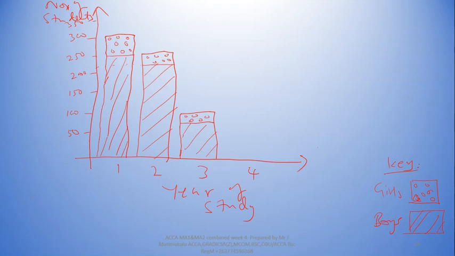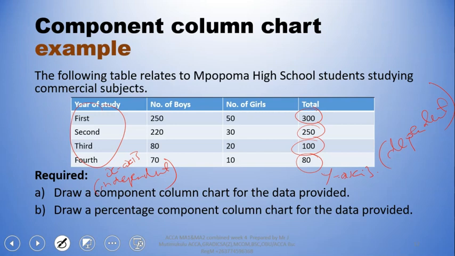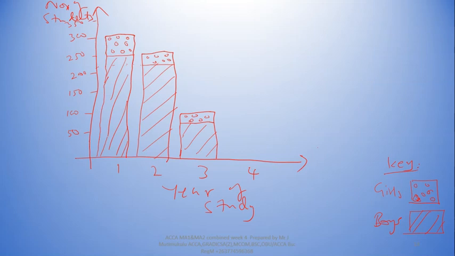The fourth year total is 80, when we have 70 boys. So 70 boys somewhere here. That's the graphical representation.